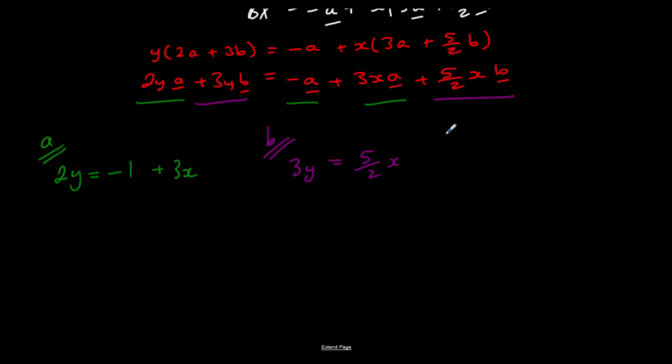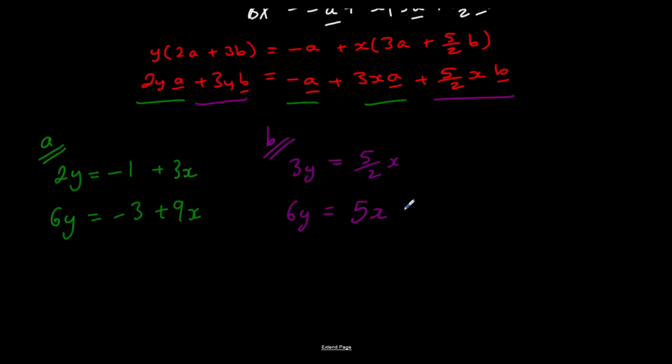So we want to find x, don't we? So let's get rid of y. If I multiply this equation by 3, I'll get 6y equals negative 3 plus 9x. And multiply our b equation by 2, we get 6y equals 5x.